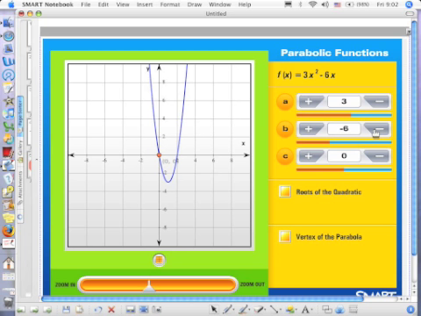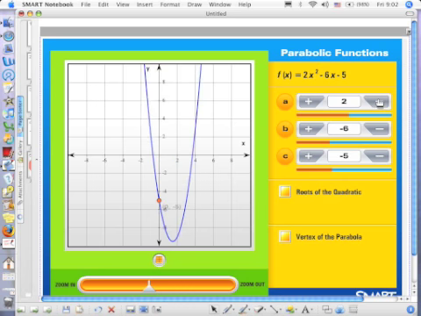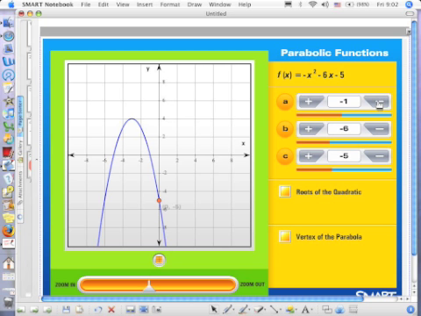So do I need to make C positive or negative? Negative. Negative C moves it down the y-axis. All right? What if we wanted it fatter? Smaller number. What if I wanted it to flip the other way? Negative numbers.